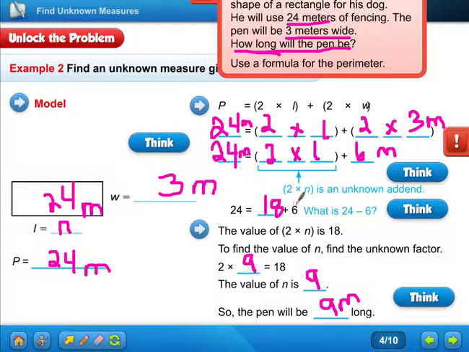Let's look over here. Remember, this 6 right here was 3 and 3. So this 18 right here is going to be this plus this combined. That's why you have to split it into 2. And when you split it into 2, you get 9.